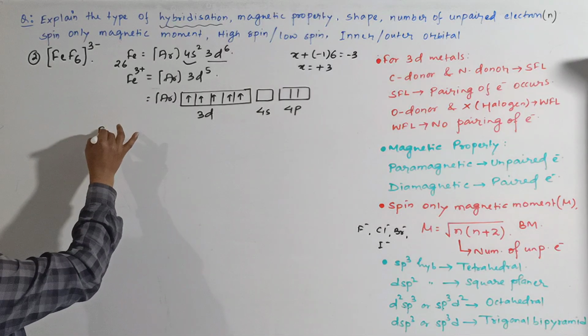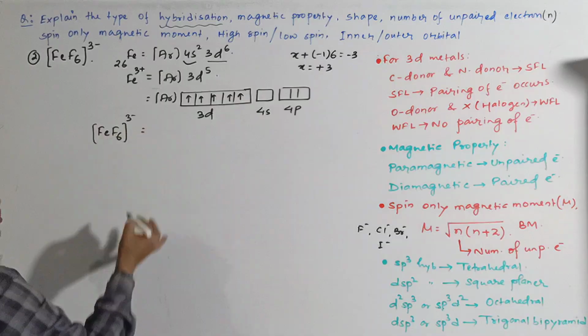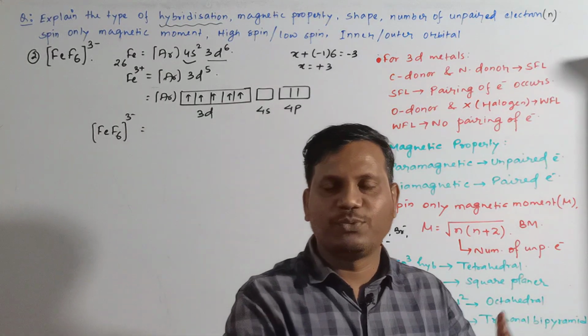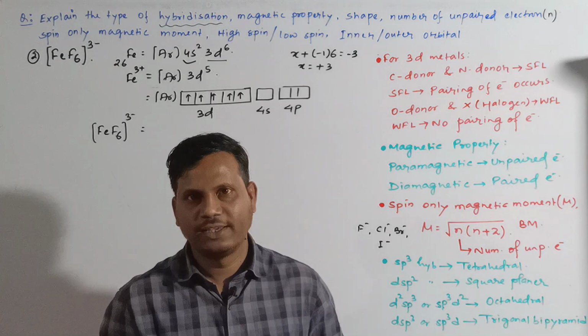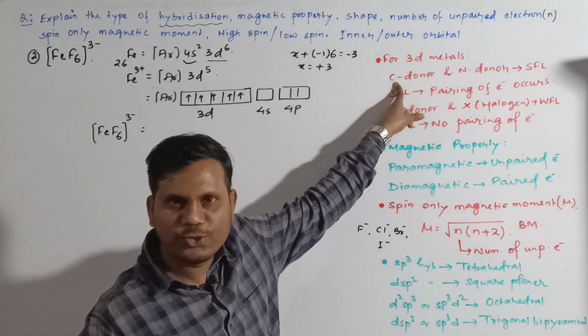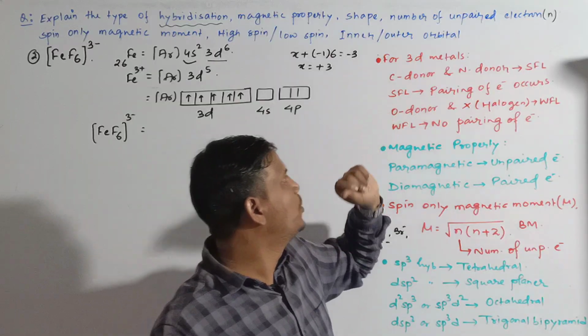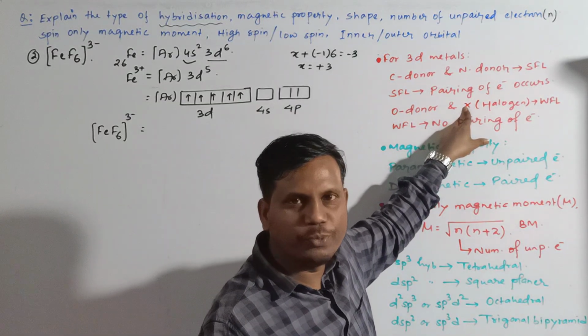Now after that we will write the complex. So the complex is FeF6 3-. In the given complex, see the ligand. As we have done in the previous question, the ligand was CN minus, cyanide, whose donor atom was carbon, which was strong. But in this case, the donor atom is a halogen: fluorine, chlorine, bromine, iodine.